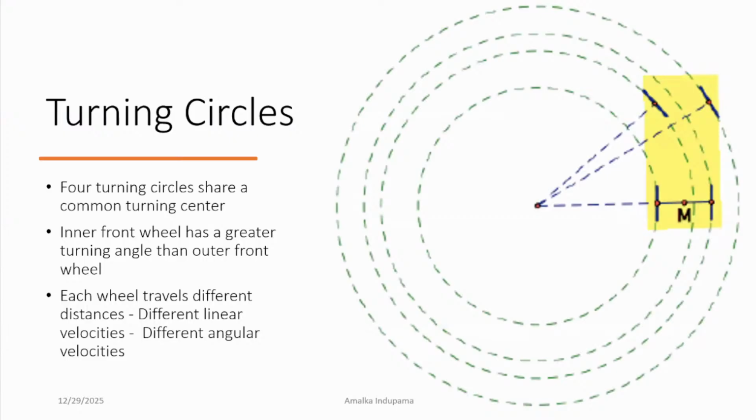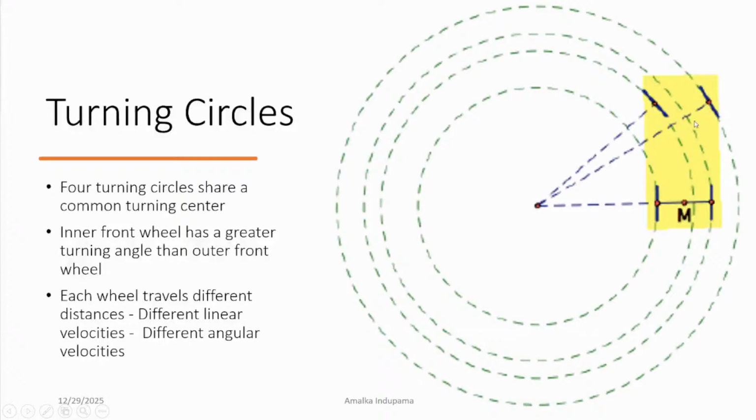Whenever an automobile takes a turn or bend, all four wheels, suppose we have four wheels, are taking different circles, right? You can see that. These are the rear wheels, supported on a dead axle, let's say.